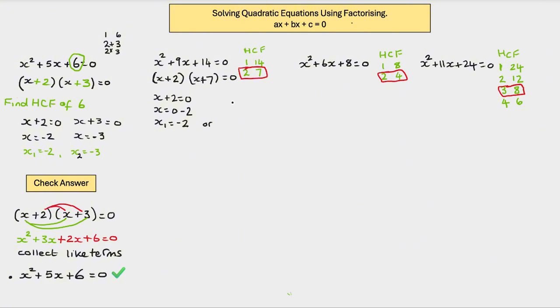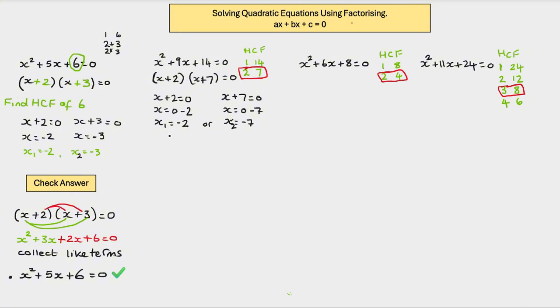Or it could be x plus 7 equals 0. x equals 0 minus 7. x equals minus 7. So that's the second solution, sorry. So there we go. There's your answers.